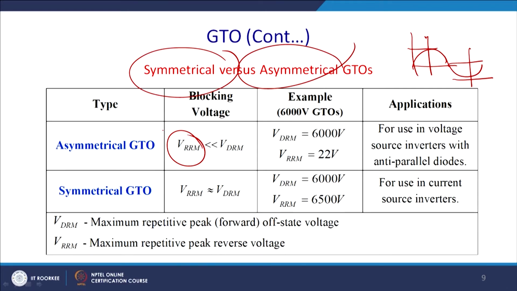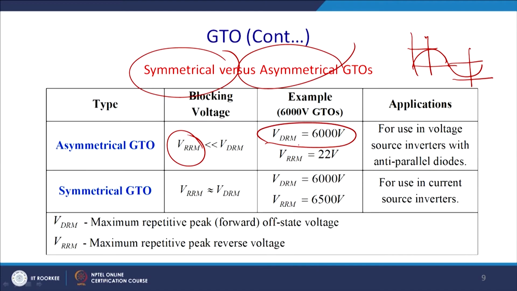Mostly this is used for the voltage source inverter, VSI, with an anti-parallel diode, where VDRM can be as high as 600 volt and the reverse recovery voltage can be as low as the same value.